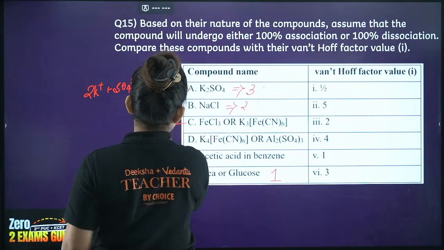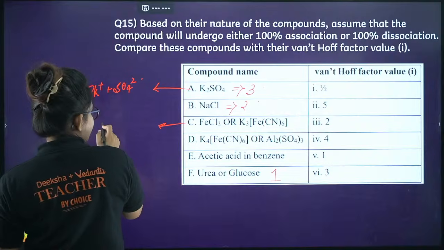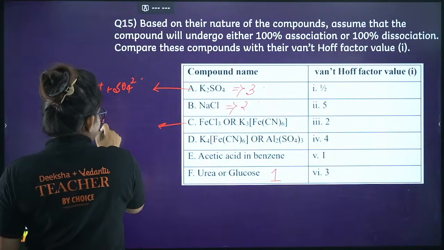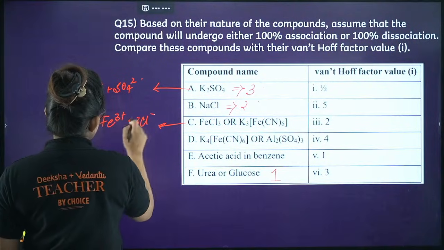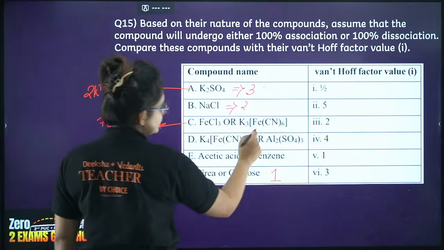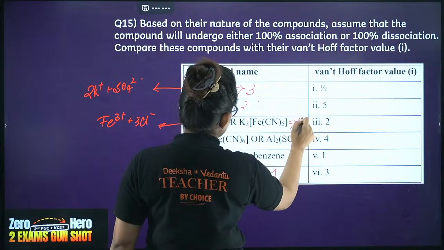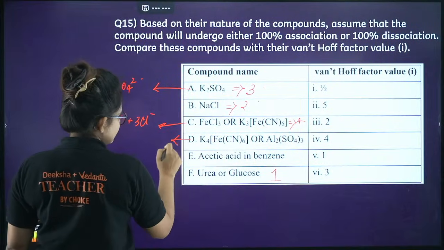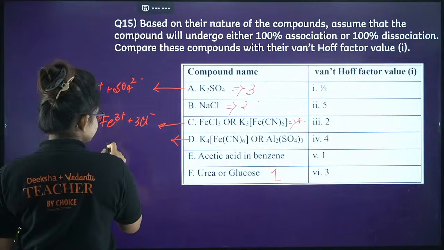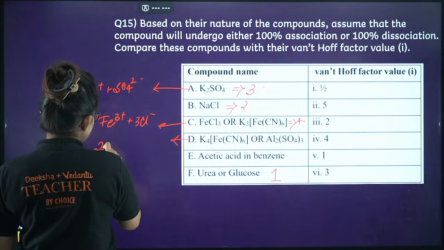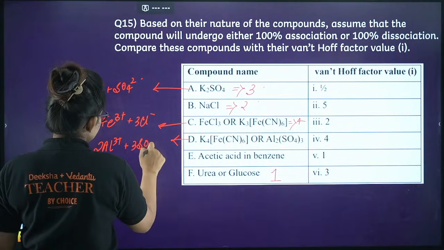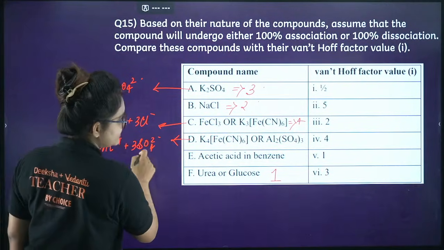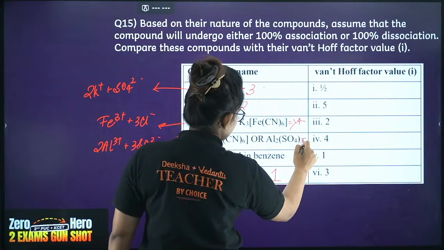For FeCl3, if you dissociate, again you will get Fe3 plus and 3Cl minus, so the total number of ions is 4. For aluminium sulfate, if you do 2Al3 plus and 3SO4 2 minus, you will get 3 plus 2, 5.